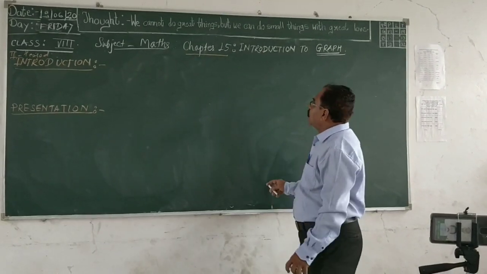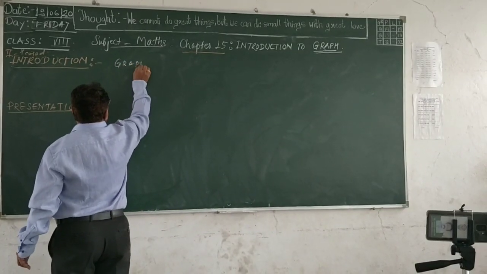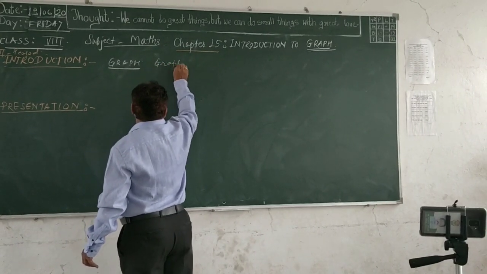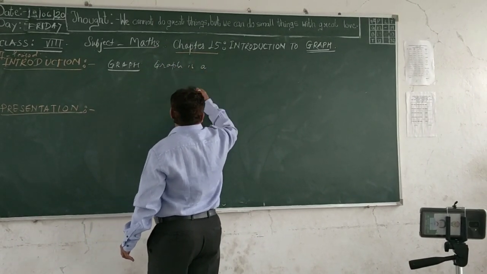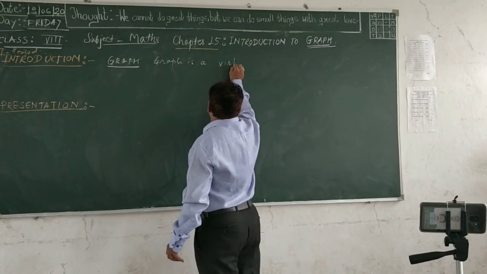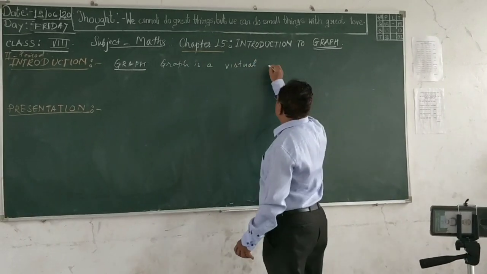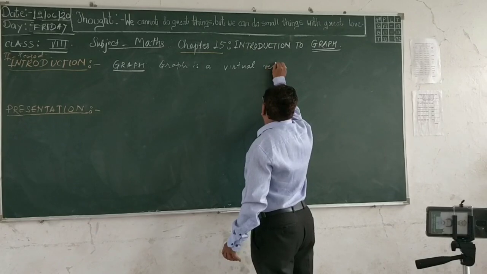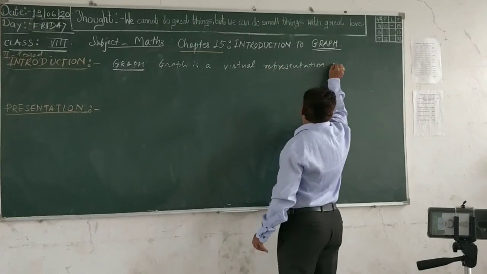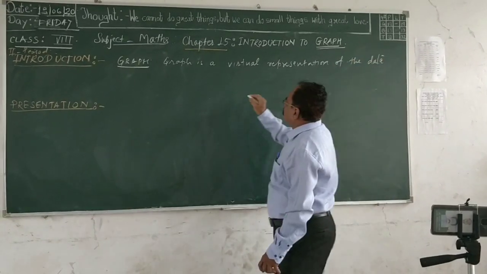what is the definition of graph? In the introduction we can see the graph. Graph is a visual representation of the data collected.